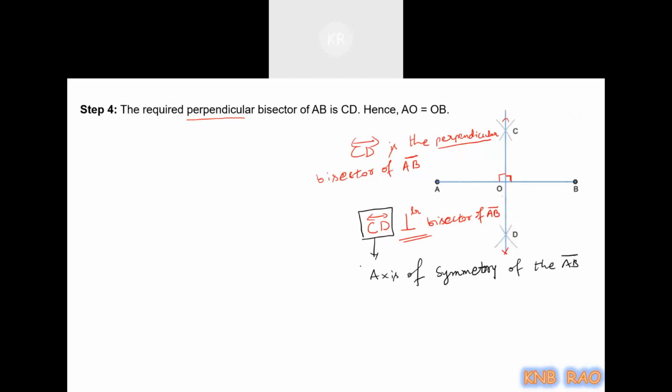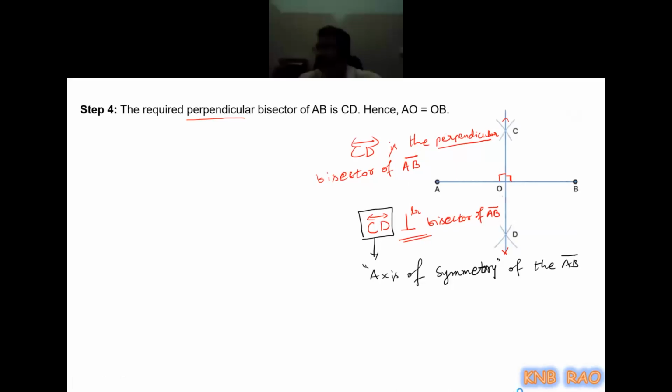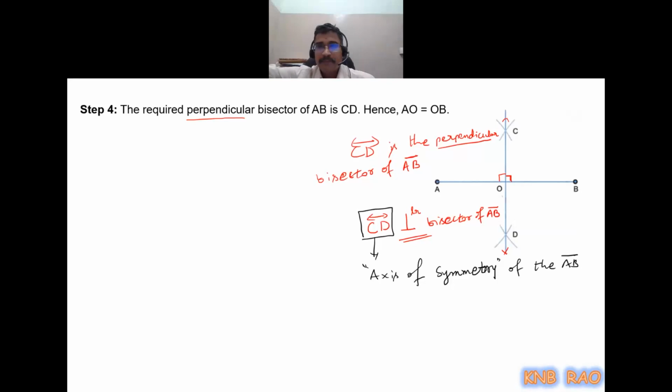What is the meaning of axis of symmetry? Let me tell you. When you fold this AOB, let me show you in video mode. I will turn on my video. Children, can you see?